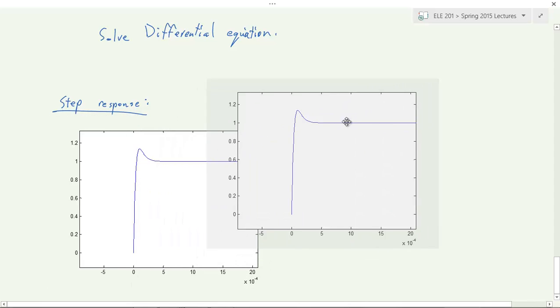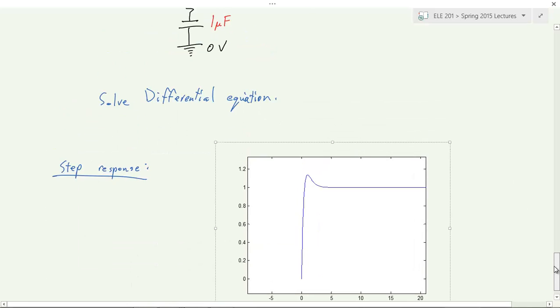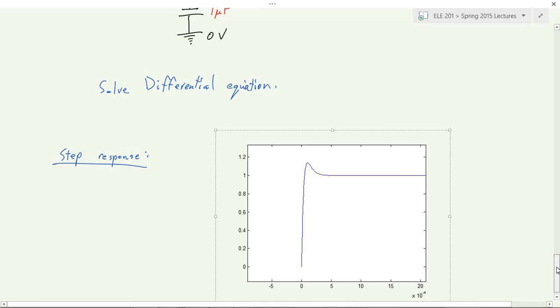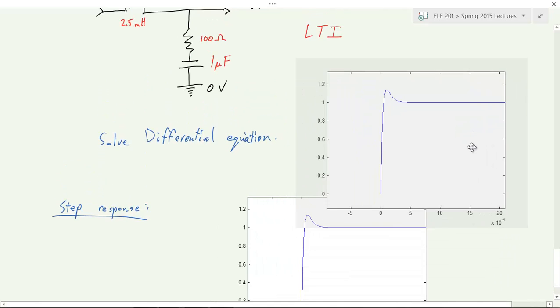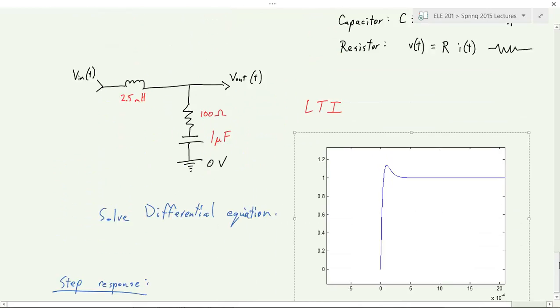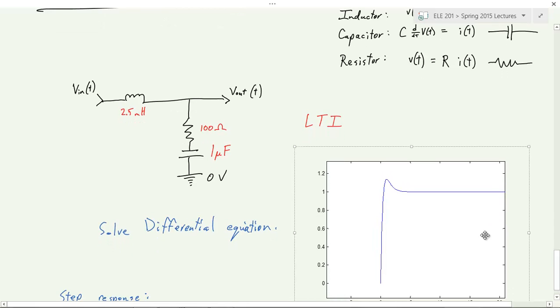For this particular system, if you apply voltage 1 at time 0 and just let it stay on, so the voltage was 0 and all of a sudden you apply voltage 1, current starts flowing, but the voltage here follows this path. It ramps up, overshoots because of this inductor, then settles back down and eventually stops at 1 volt. So this is the step response of this system.